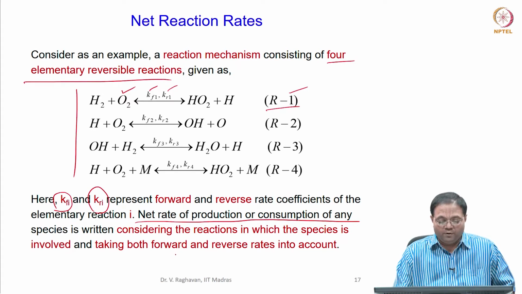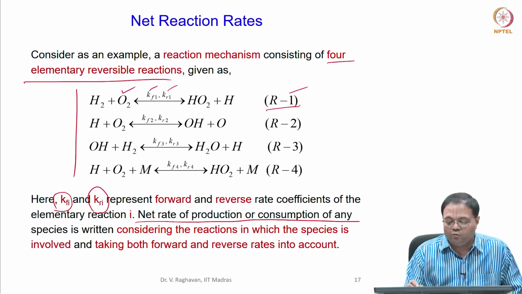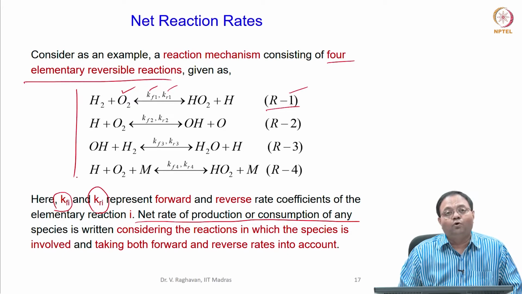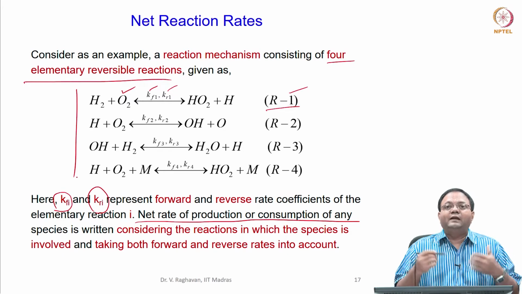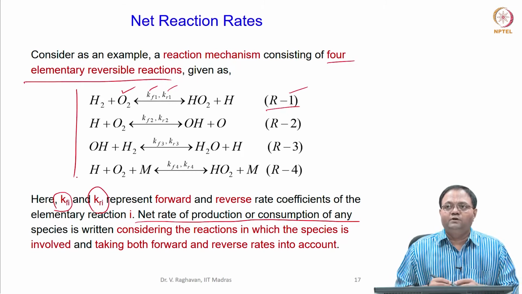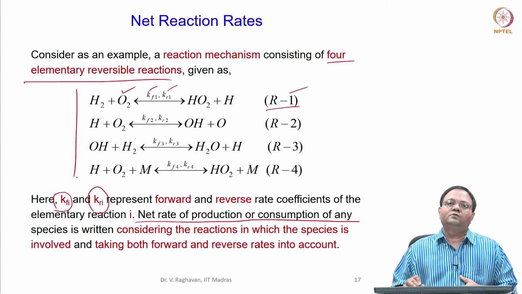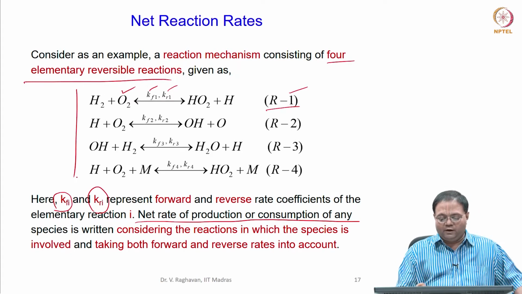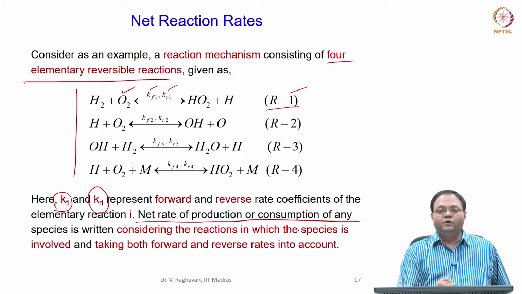Where is it formed? In the reverse reaction of R1 it is formed, in the reverse reaction of R2 it is formed, and in the reverse reaction of R4 it is formed. So the net reaction rate will be the sum of the reactions through which it is formed minus the reactions through which it is consumed, and then you will get the net rate of production or consumption of the species.